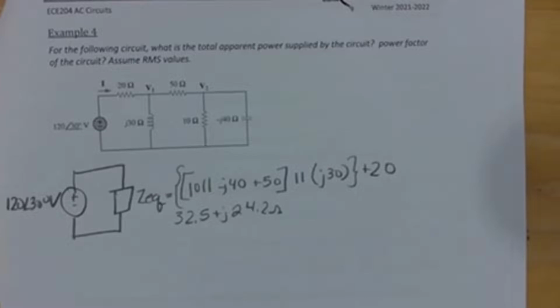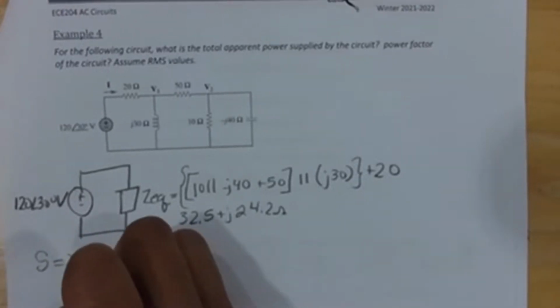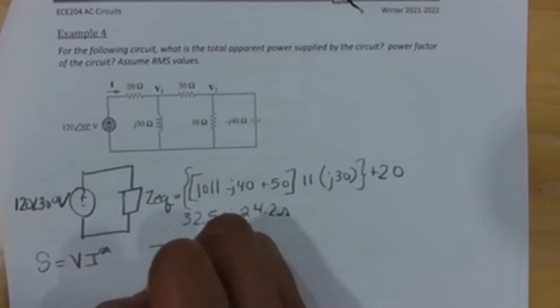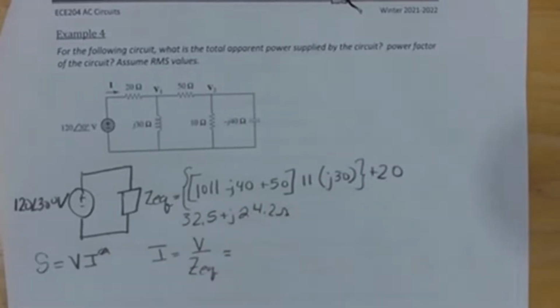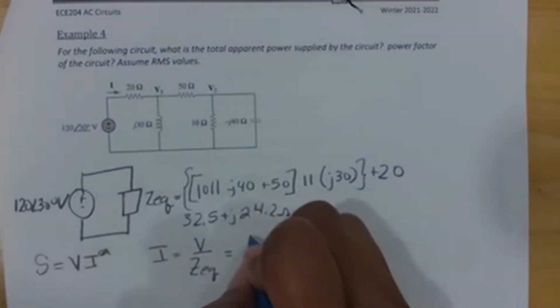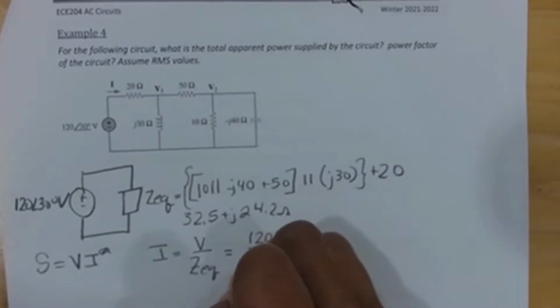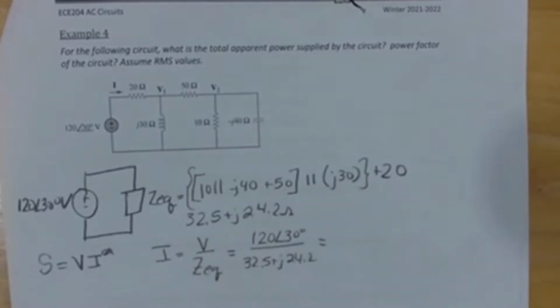So now, since I want to use S equals VI conjugate to solve for the apparent power and the complex power, I need to find my current. So my current is going to be V over Z, or 120 with an angle of 30 degrees over 32.5 plus J 24.2.